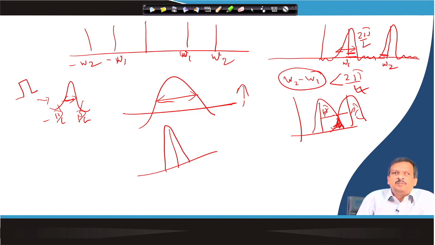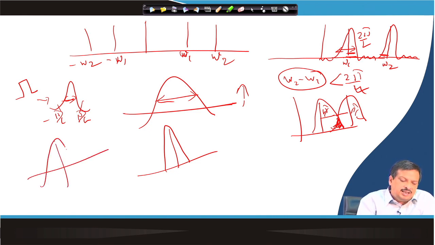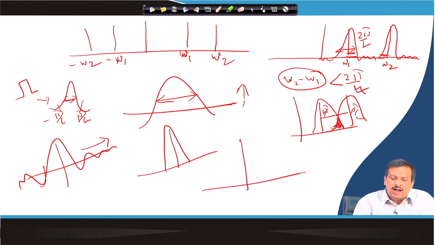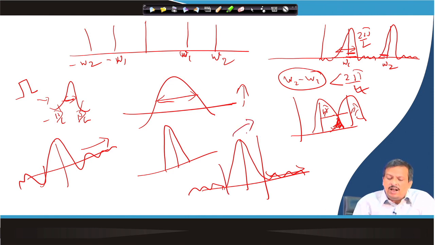That is another problem. What is another problem? Suppose I have a sinc function like this. If I plot the magnitude spectra, I will get something like this. Those are called side lobes and this is called the main lobe. Now, the side lobe introduces noise for the other frequencies. So, this is omega 0, and this side lobe introduces noise for the other frequencies. So, there is a trade-off.